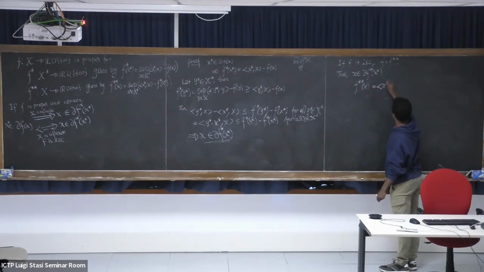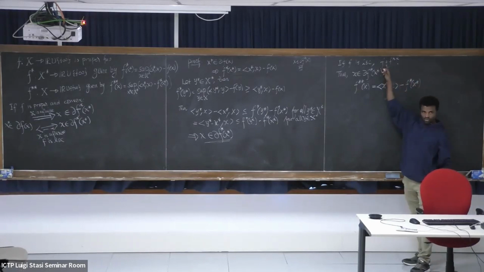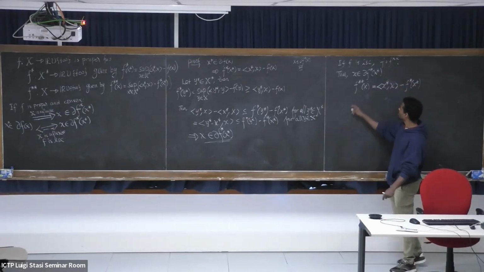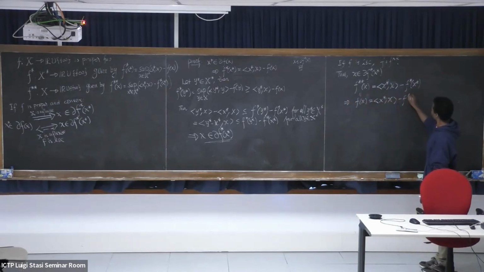So this is equal to x star x minus f star of x star, right? But f is equal to f double star, so this is equal to f of x, by one of our theorems.